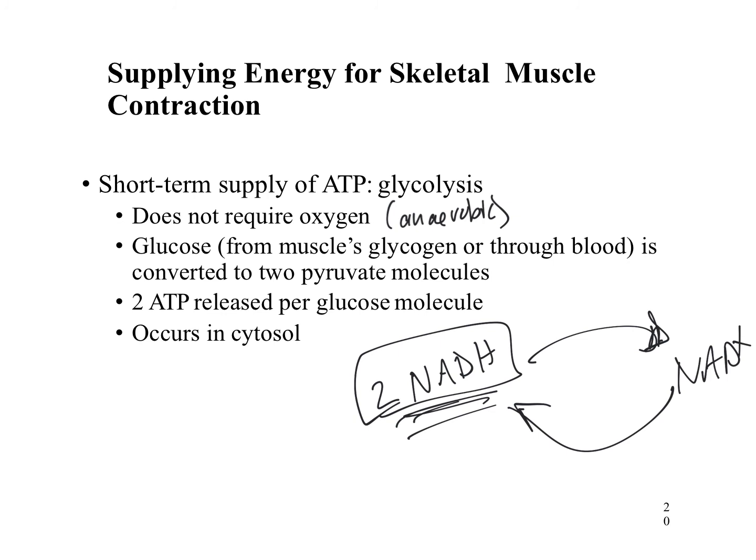What happens if we don't have enough oxygen in the muscles, or we can't move enough oxygen into the muscles fast enough? Then what? Fermentation. What type of fermentation? Lactic acid fermentation.